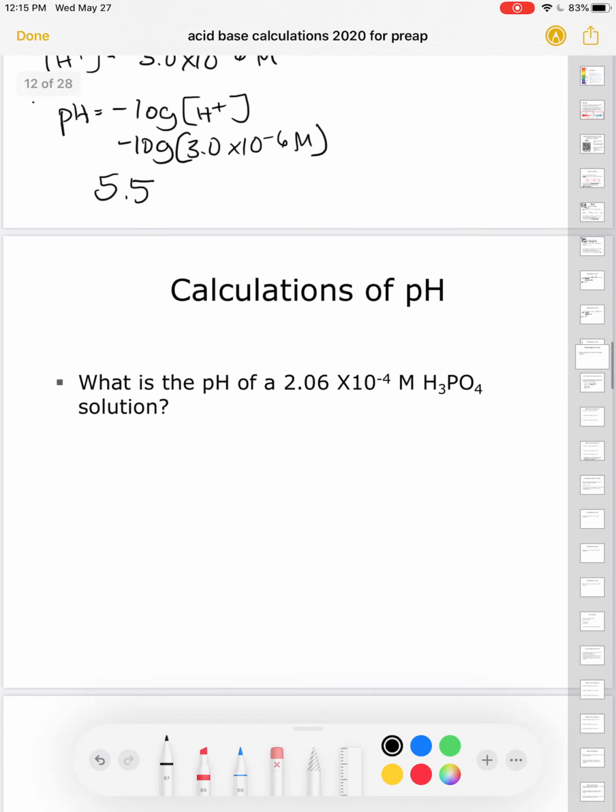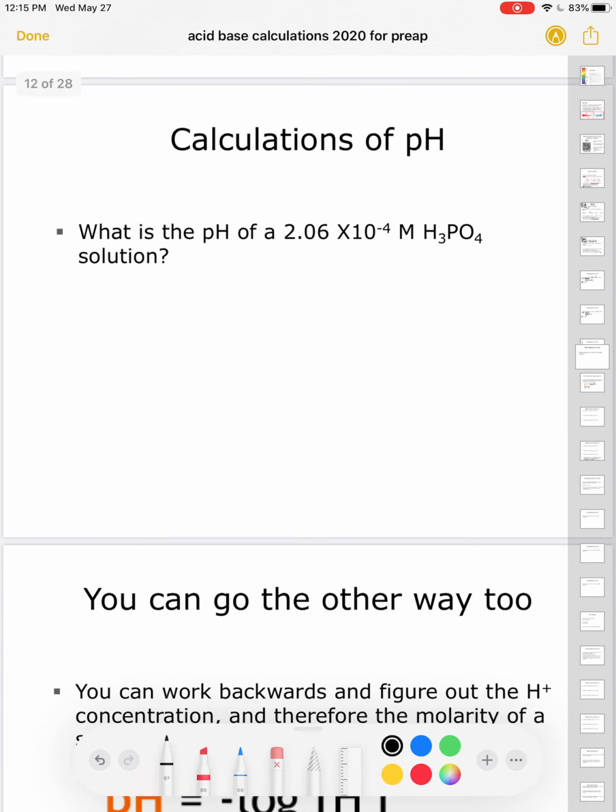All right, let's try this one. We've got phosphoric acid, which is triprotic. Okay, so my H plus concentration is going to be equal to 3 times 2.06 times 10 to the negative 4 molar.